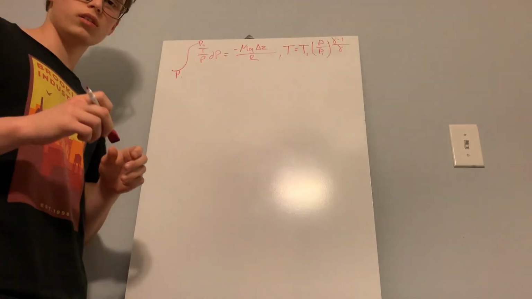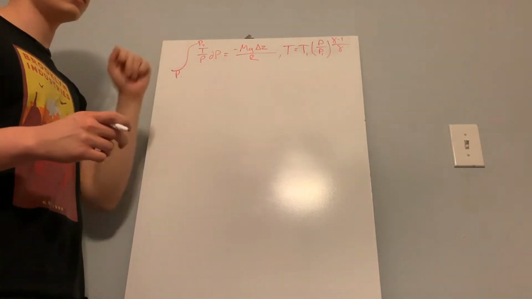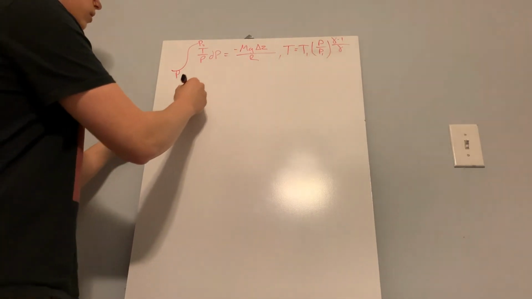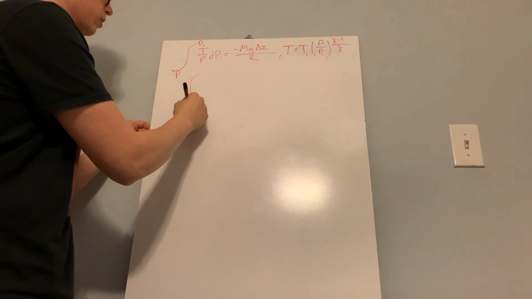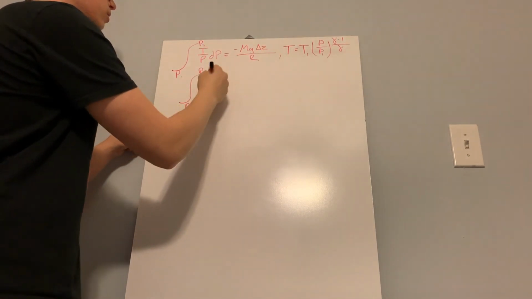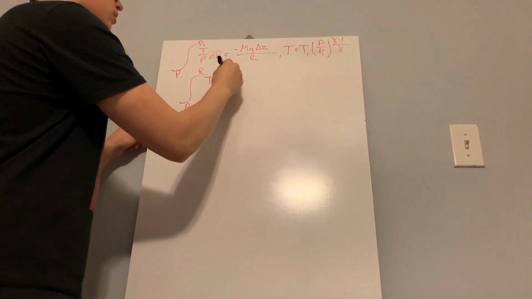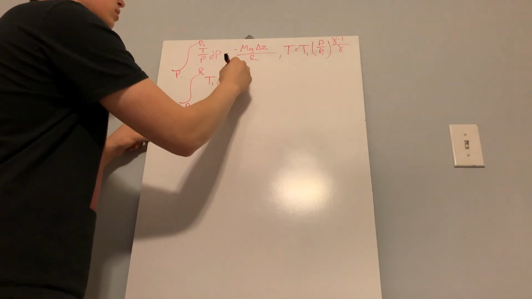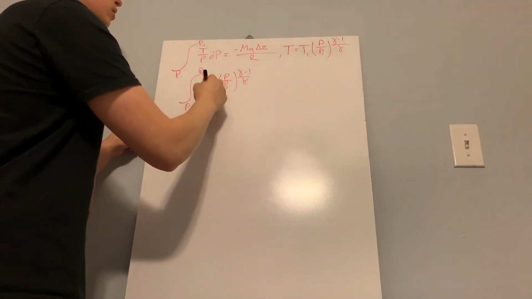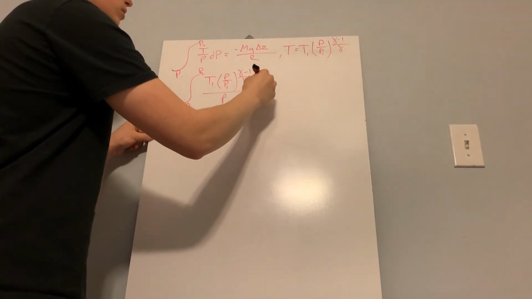All right, now that we have our equation for temperature, we can go and plug it into the first equation that we ended up deriving. And that looks like the integral from P1 to P2, and then our numerator, T1 times P over P1 to the gamma minus 1 over gamma, all over P, dP.